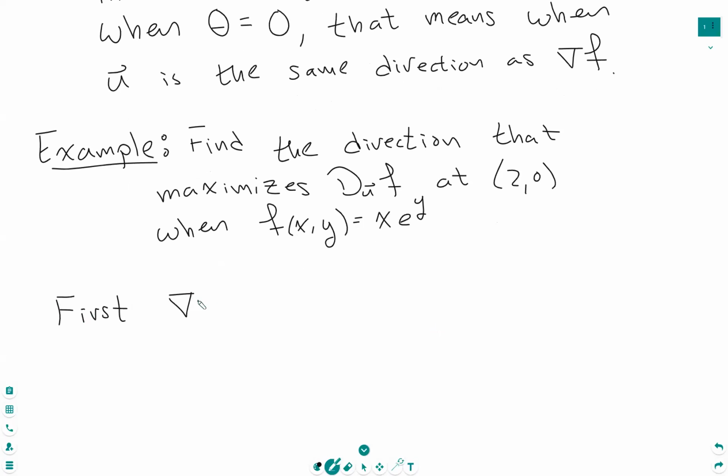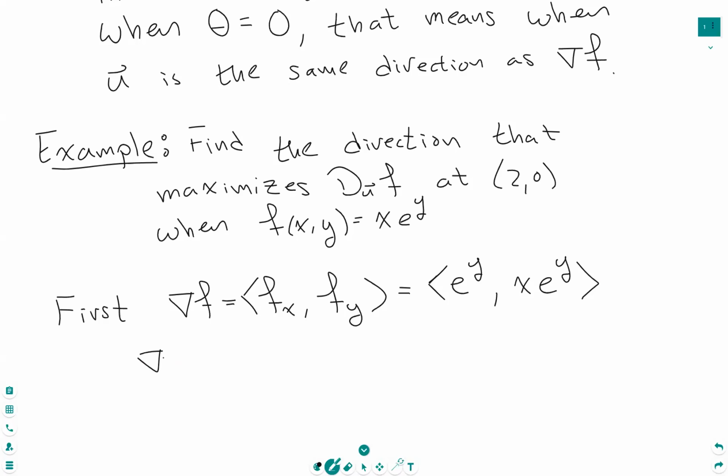We know that the gradient vector is the partial derivatives with respect to x and y. So we take our partial derivative with respect to x first. We just get an e to the y. And then we go ahead and take it with respect to y. We get an x e to the y.